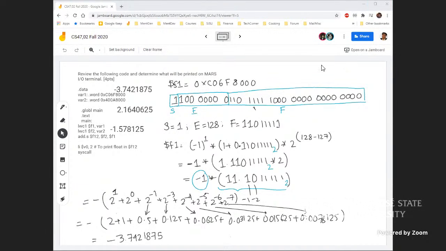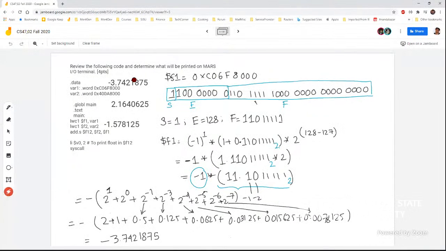Okay, so here's a problem we did, right? What you need to do from the problem is to figure out the pattern. In this given snippet, we are storing a word in var1 and var2.